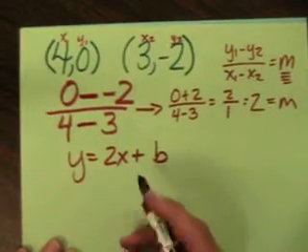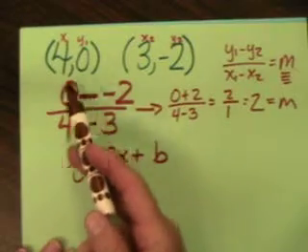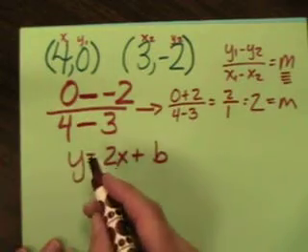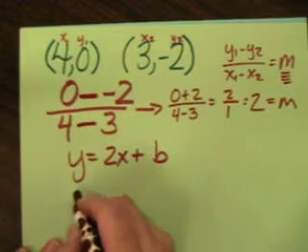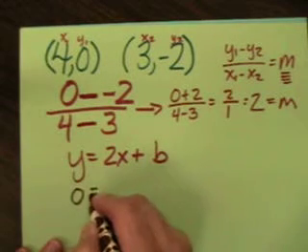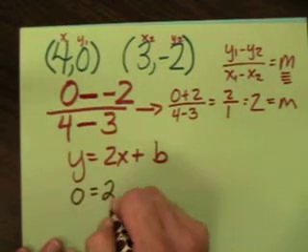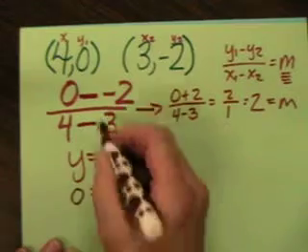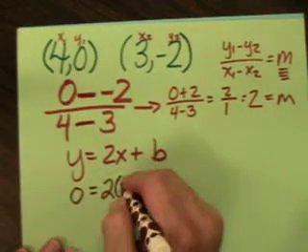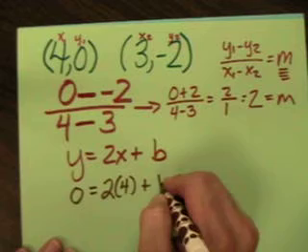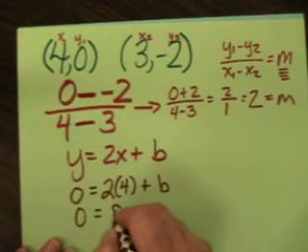It doesn't matter. I'm a little tempted to use this one because it doesn't have negatives. And so, let's see. What's the y value in there? 0 equals 2 times the x value, which is 4, plus b. 0 equals 8 plus b.